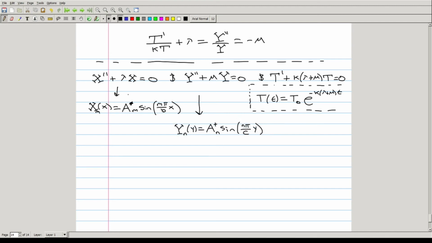Where the only non-trivial lambda that satisfy this are lambda equals lambda m, which is m pi over b squared, and mu equals mu n, which is n pi over c squared.